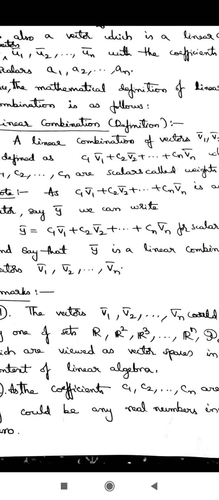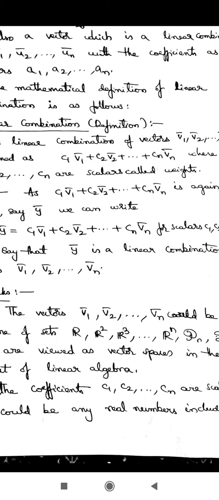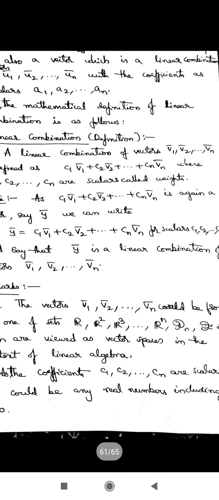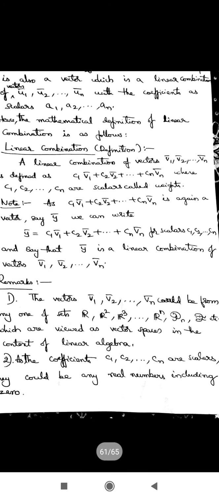These are all scalar multiples, and adding them, the sum of all the scalar multiples of the vectors v1 bar, v2 bar, so on vn bar gives rise to a single vector, and that single vector is called the linear combination of the given vectors. Here c1, c2, so on cn, the scalars, are called weights.